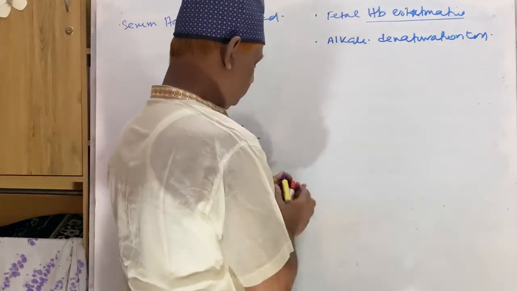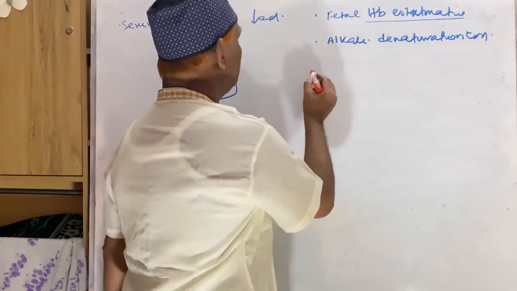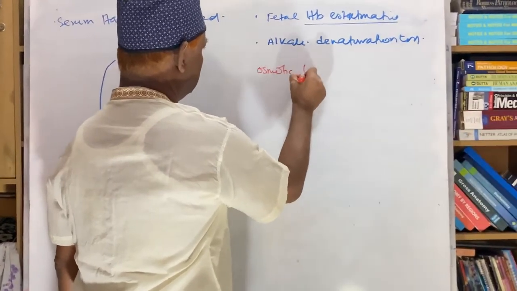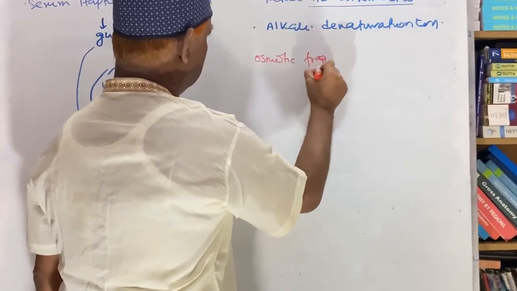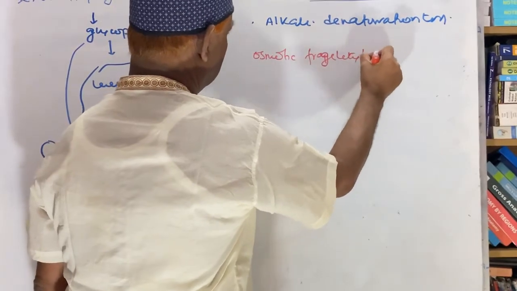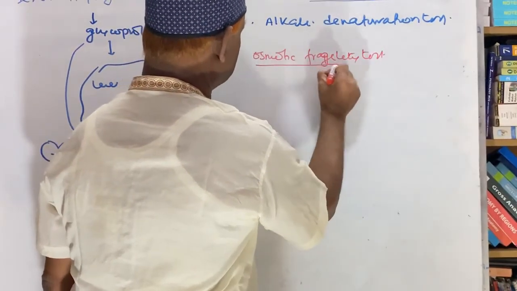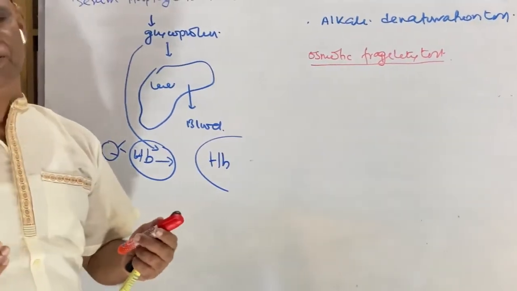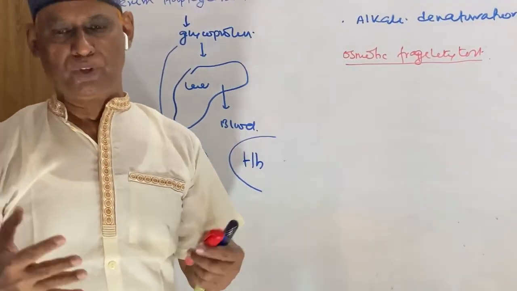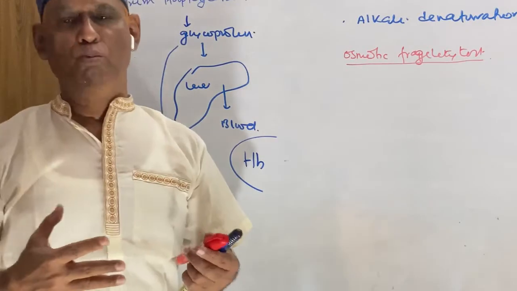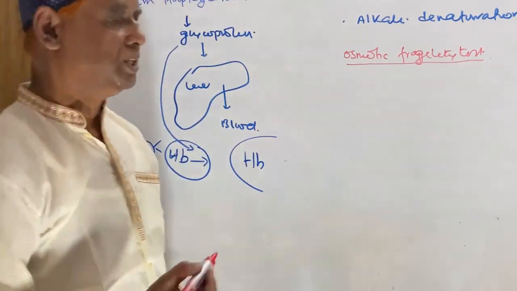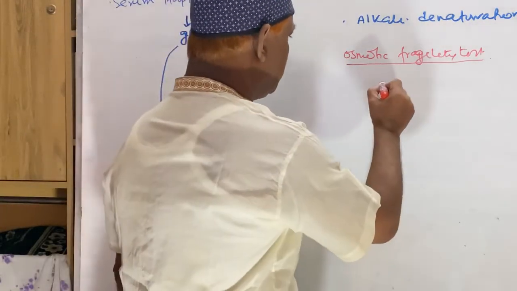Now come to the osmotic fragility test. Dear audience, I have told you membrane defects like spherocytosis, elliptocytosis, stomatocytosis are all membrane defects of RBC causing hemolytic anemia.